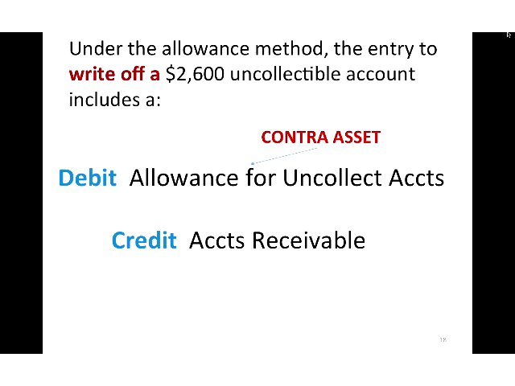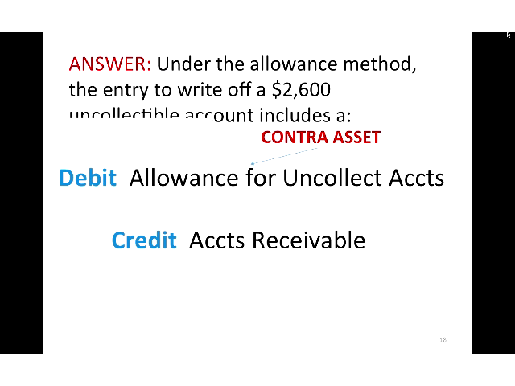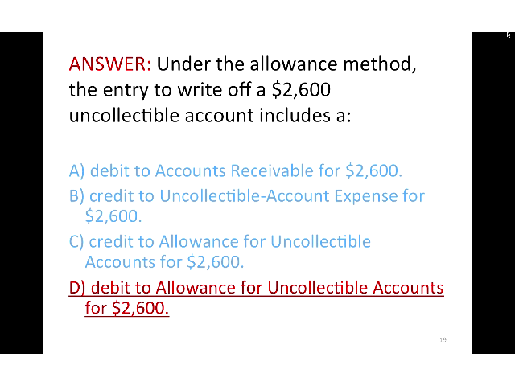But just wanted to bring up that allowance for uncollectible accounts is a contra asset, so it's opposite of the other assets. So our entry is going to be D, based on this debit allowance for uncollectible accounts and credit accounts receivable. So D was the one that fit with that entry.